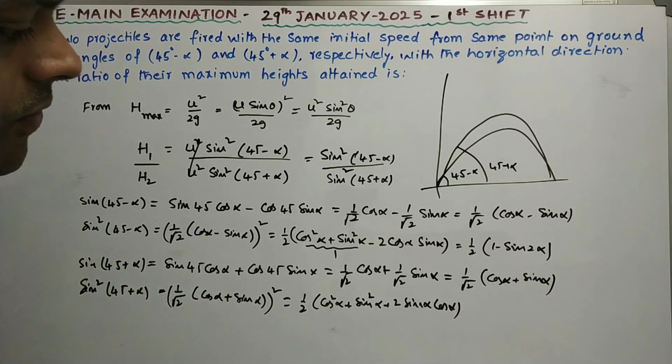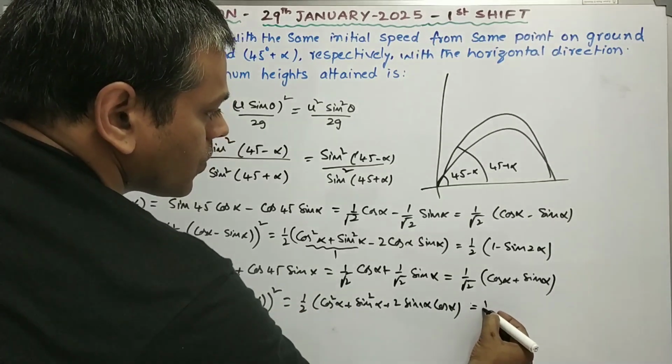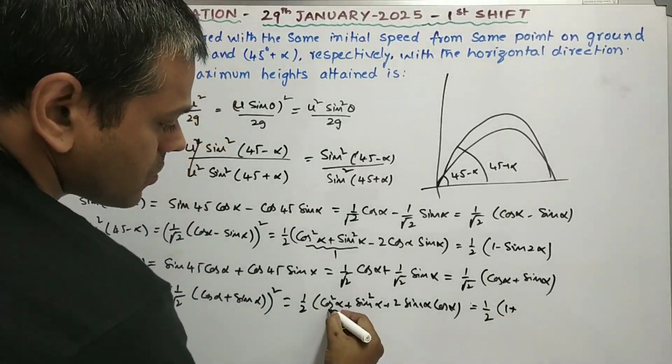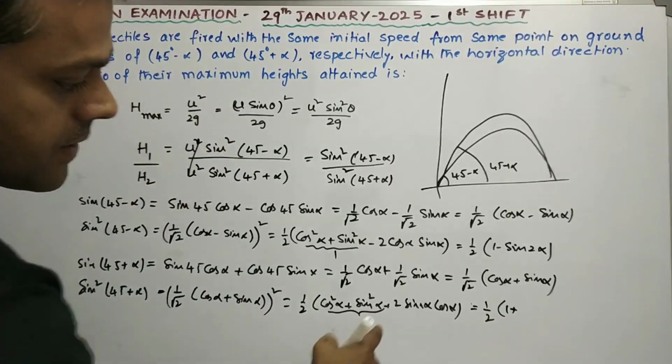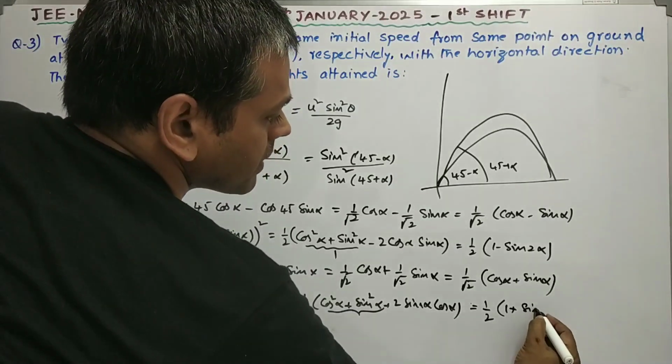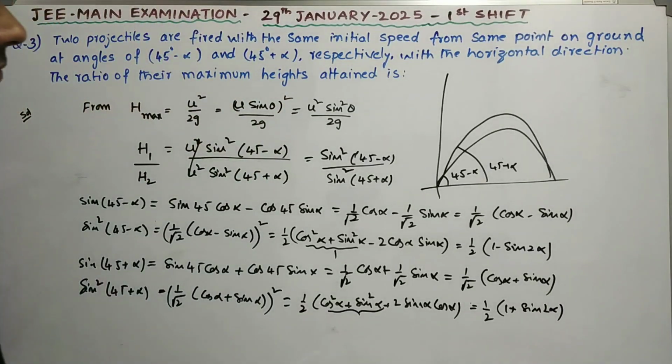Sin square plus cos square is equal to 1, so this is 1 by 2 into (1 plus 2 sin alpha cos alpha), which means 1 by 2 into (1 plus sin 2 alpha).